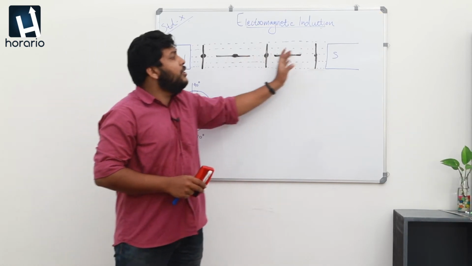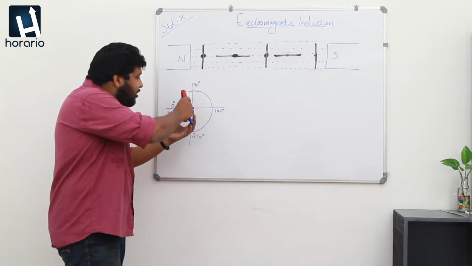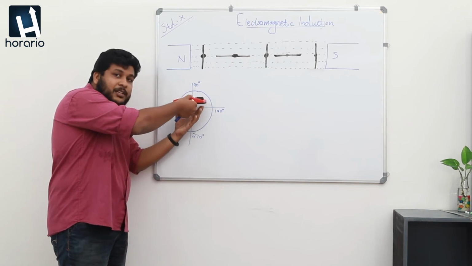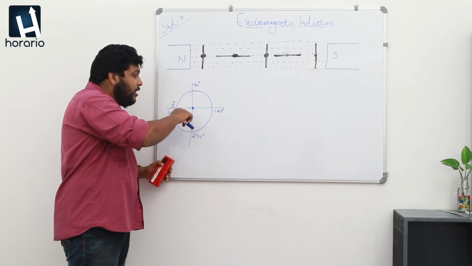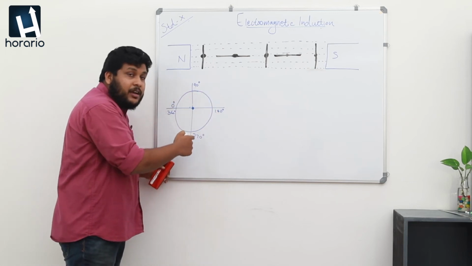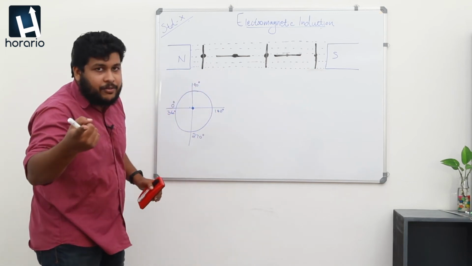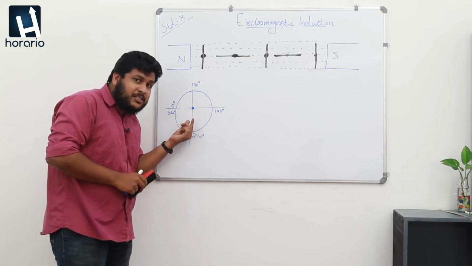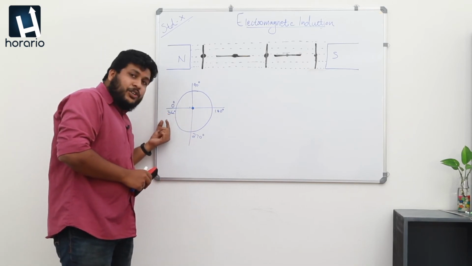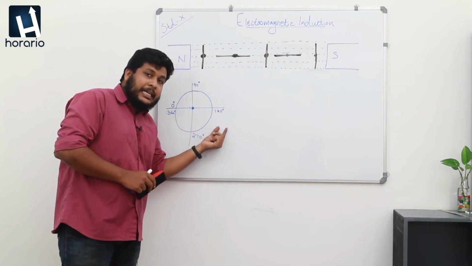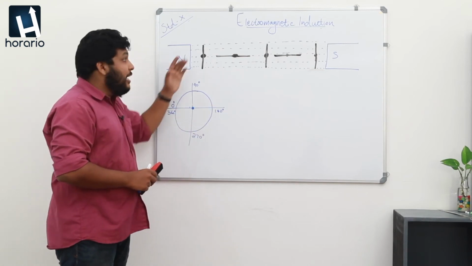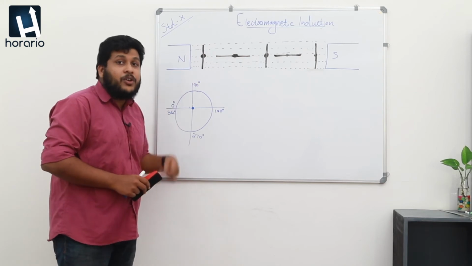If we continue this rotation, with the armature going very fast in a continuous motion, at each angle the flux linkage will be different. It is very clear from this diagram. The flux linkage at 0 degree is not equal to the flux linkage at 90 degree, and it's not equal to 180 degree. When the angle changes, the amount of flux linking also changes.